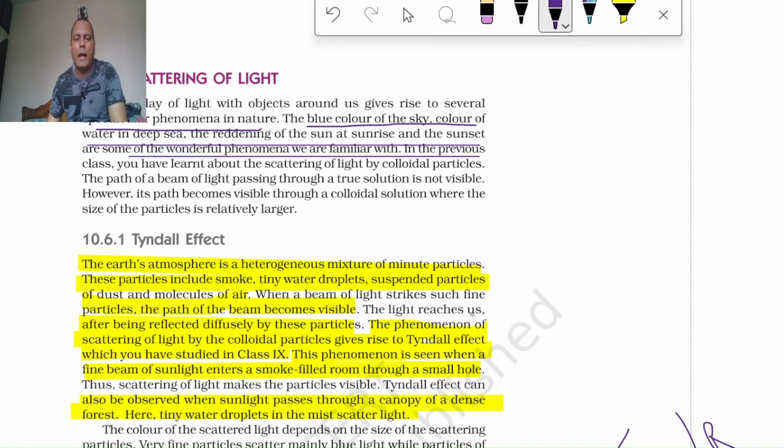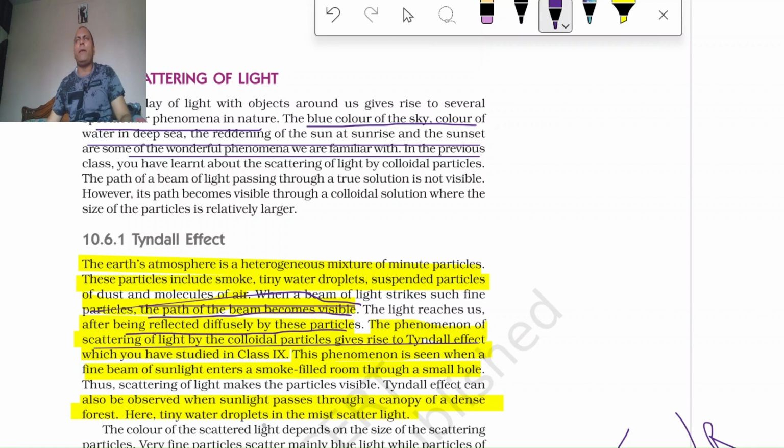When a beam of light strikes such particles, the path of the beam becomes visible, and the light reaches us after being reflected by these particles. The phenomenon of scattering of light by colliding particles gives rise to the Tyndall effect.